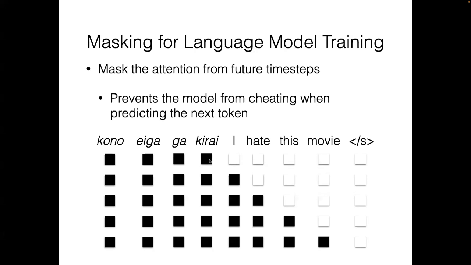Like at the first step, you only want to attend to this input sentence here, and you want to zero out, that's shown in white, all the attention scores here. Then after you've predicted the word I, that's this row, you want to zero out the attention scores from the future again so that the model isn't cheating.